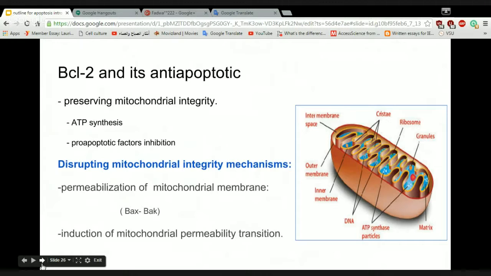One involves direct permeabilization of the outer mitochondrial membrane by pro-apoptotic proteins like BAX and BAK. Another mechanism involves induction of mitochondrial permeability transition, mainly in response to calcium release from the ER and mitochondrial calcium overload.